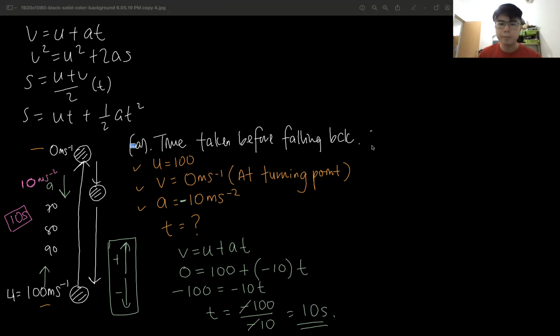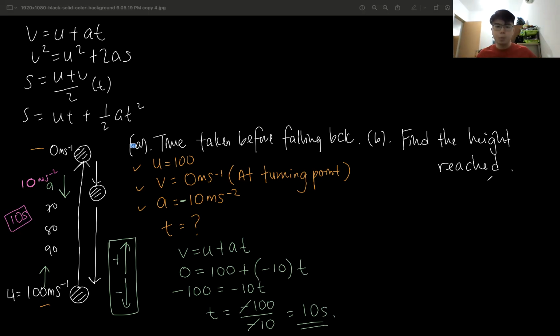Right, now B. Find the height reached. What is the height reached? Okay, then we find S. We need to find S, right? We already have the T. So T is how much? T is 10 seconds. S equals to UT plus half AT squared.